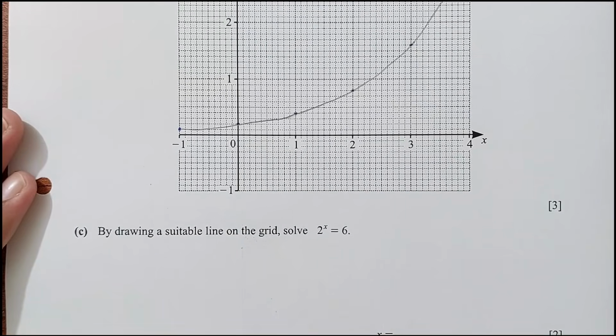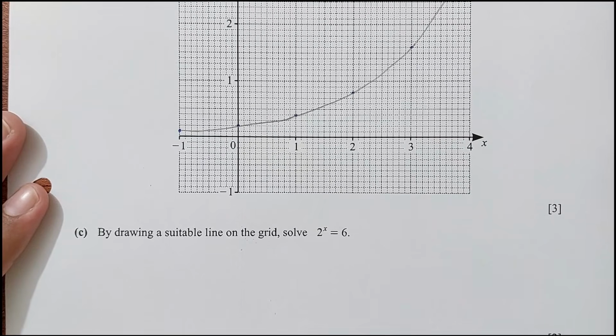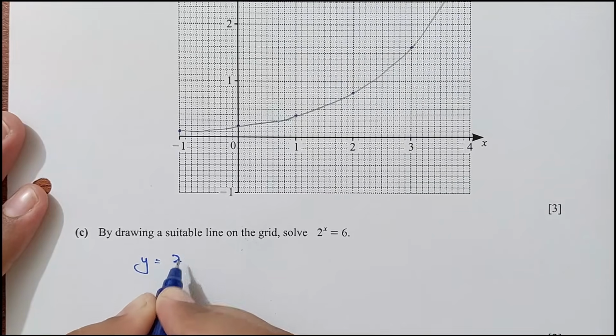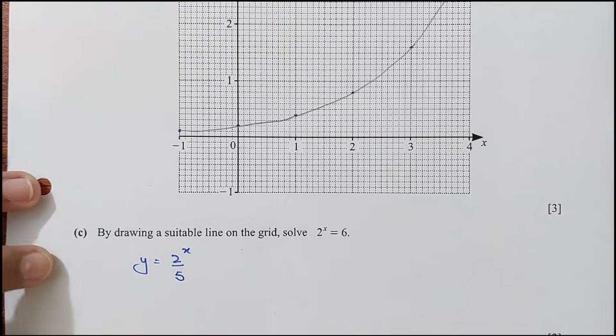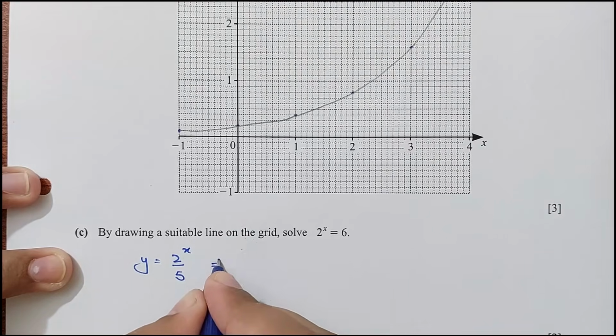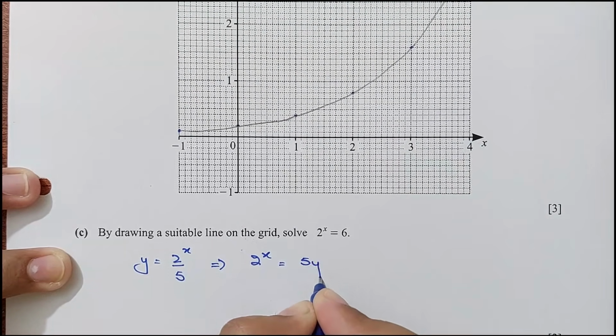Now for part C, by drawing a suitable line on the grid, solve 2 power x equals 6. We have y equals 2 power x divided by 5, so 2 power x would be equal to 5y.